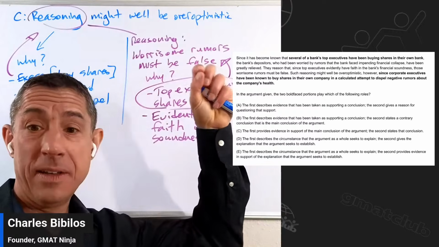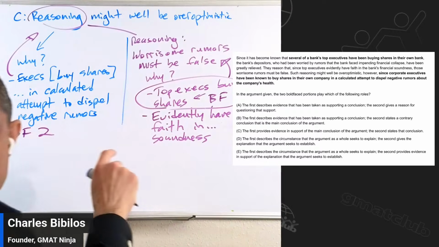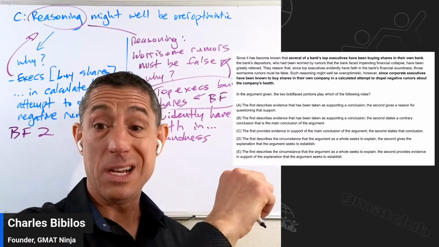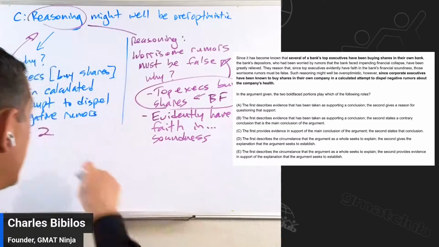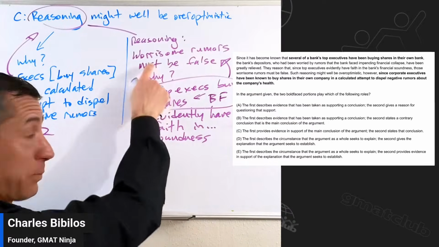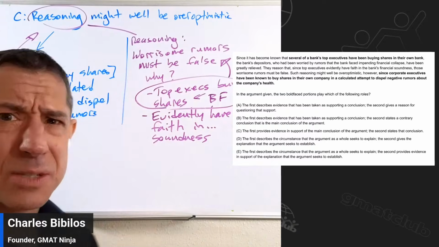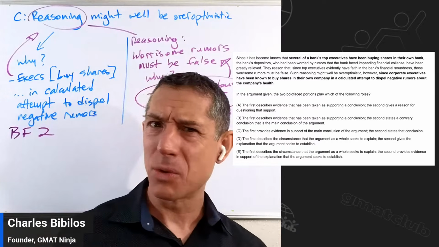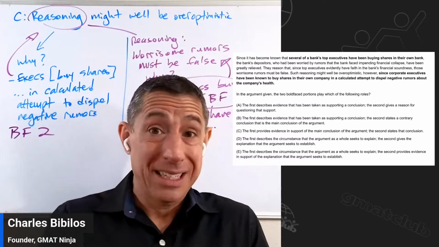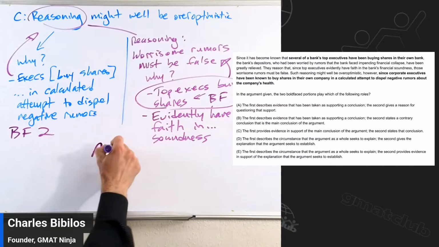Yeah, definitely. And the second gives a reason for questioning that support. Yeah, that's pretty good, actually, because the second one questions whether this is really support for this. It questions all this reasoning: top executives are buying shares, but does that really support the idea that the worrisome rumors must be false? Because what if they're just doing it in a calculated attempt to dispel rumors? A's looking pretty good.